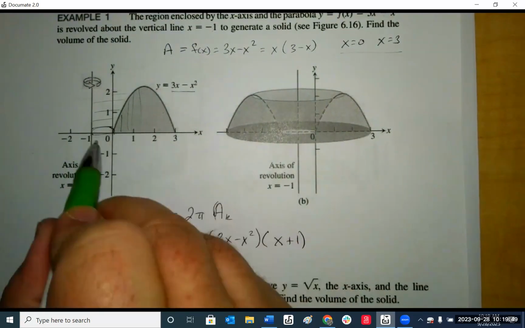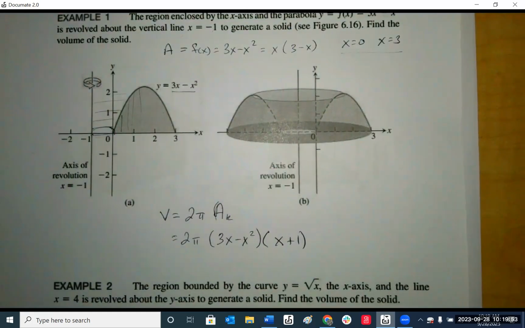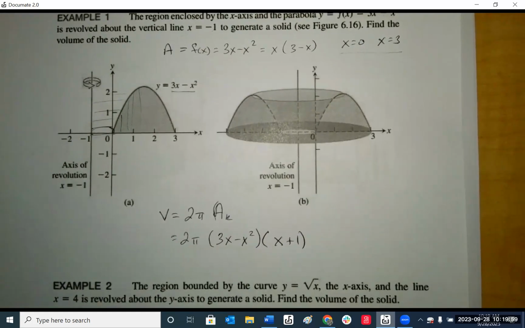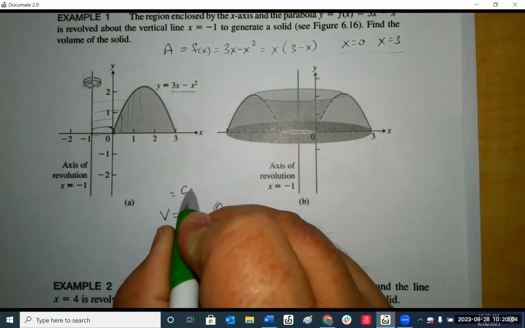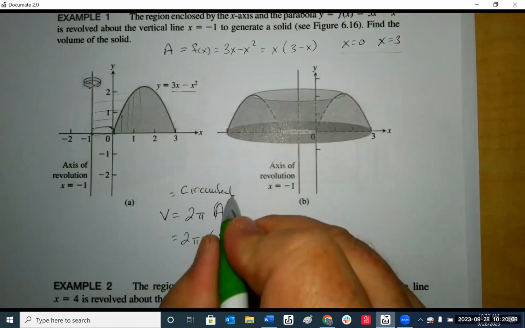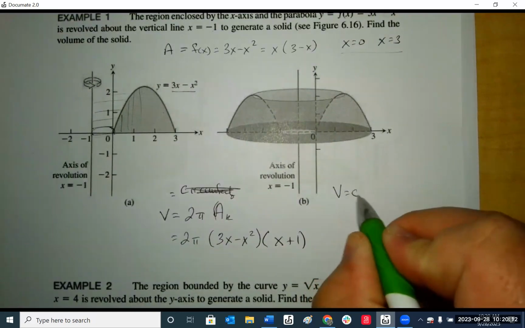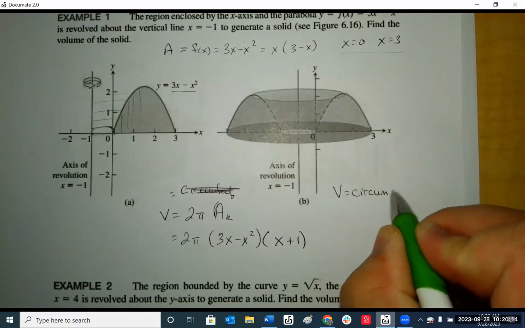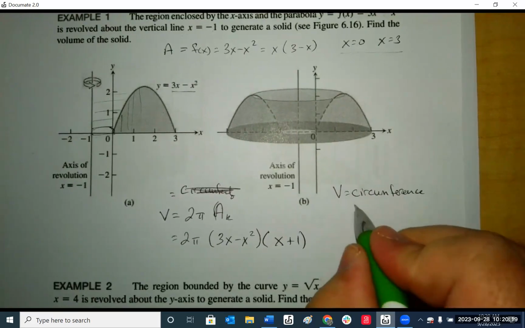Now, as x goes further, it starts off with 1 and then our x value. Everybody follow that? This is pretty important so far. What we're looking at here is the circumference times what else?